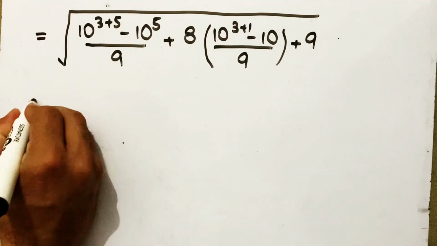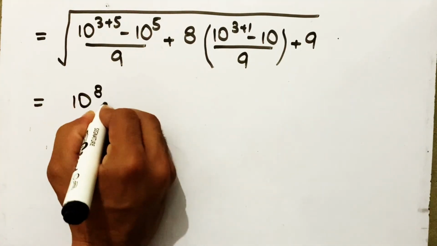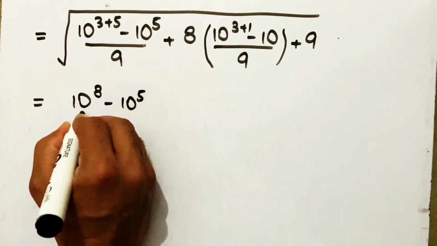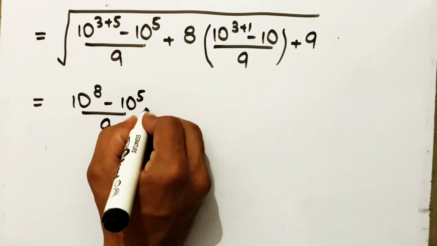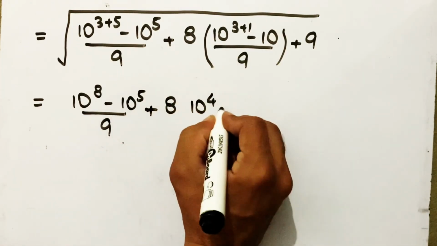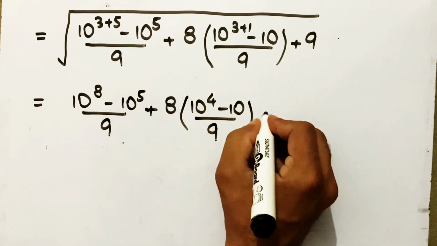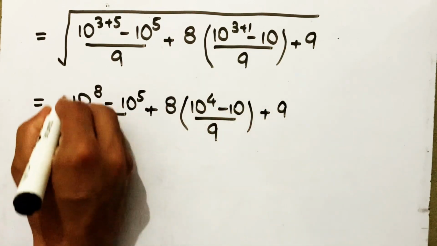So our next step is 10 to the power of 3 plus 5 becomes 8 minus 10 to the power of 5 divided by 9 here plus 8 and 10 to the power of 3 plus 1 becomes 4 minus 10 divided by 9 here plus 9 here, whole square root here.